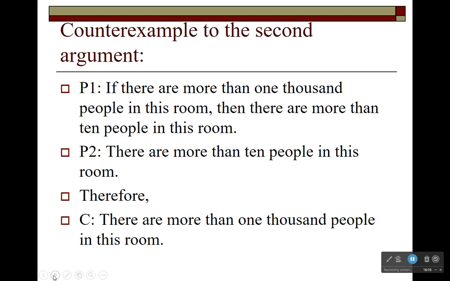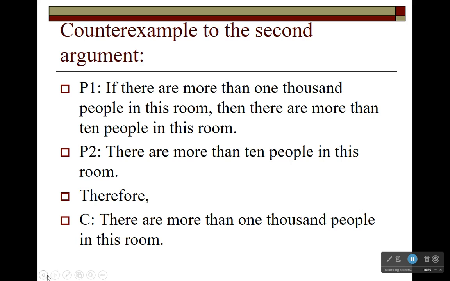Now, one way that we come to see that invalid forms are invalid is to use what we call the counterexample method in logic. That is to say, give an argument of exactly the same form that has obviously true premises and an obviously false conclusion.